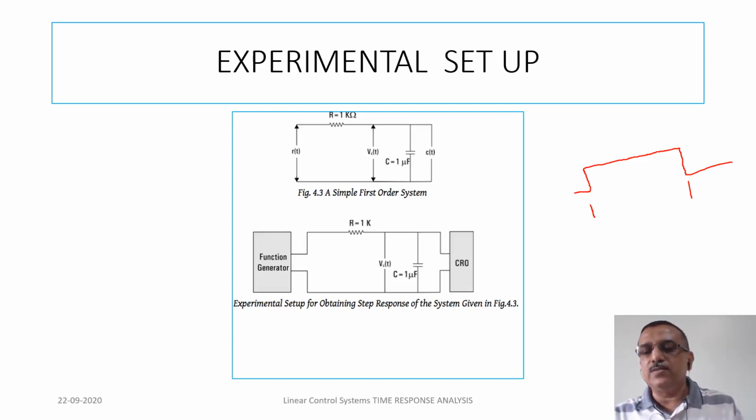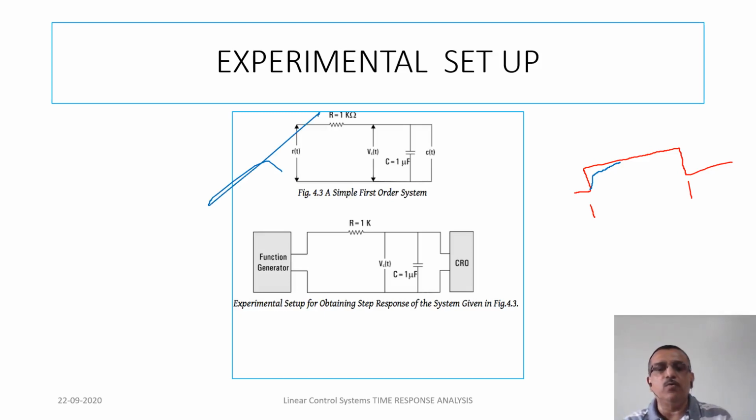It will increase slowly, and it will reach 1 volt. Once it becomes 1 volt, the voltage here is 1 volt and the voltage here also is 1 volt, so no current will flow and it will remain at 1 volt. That is the physics of it.